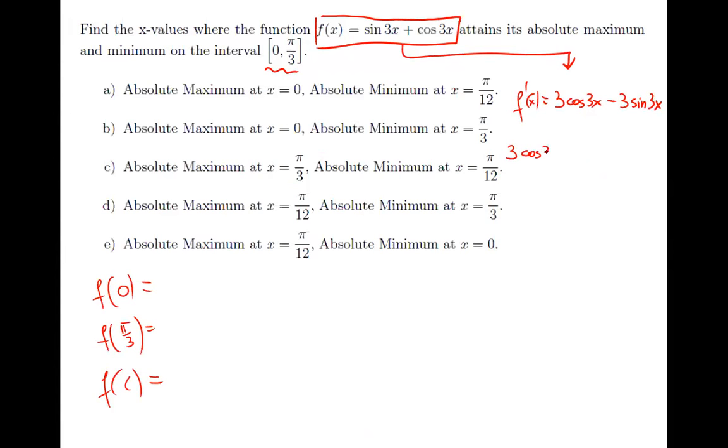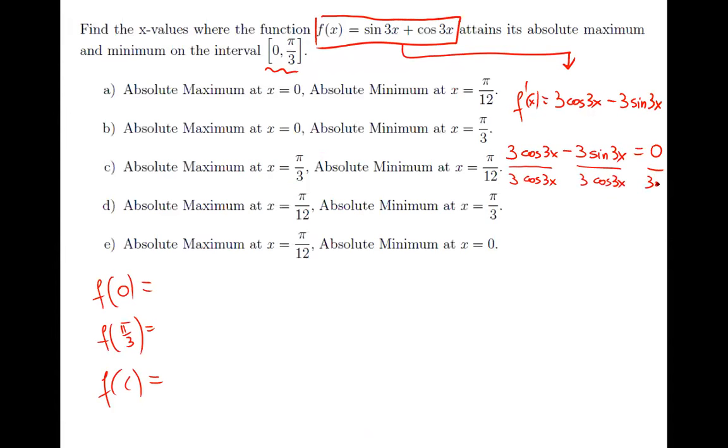3 cosine of 3x minus 3 sine of 3x is 0. Let's divide both sides by 3 cosine of 3x. Cosine of 3x over cosine of 3x is 1, and the right side will be 0.